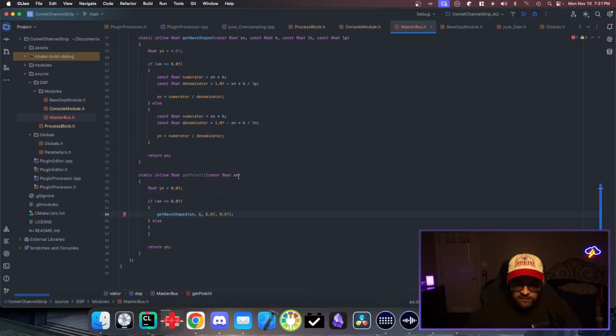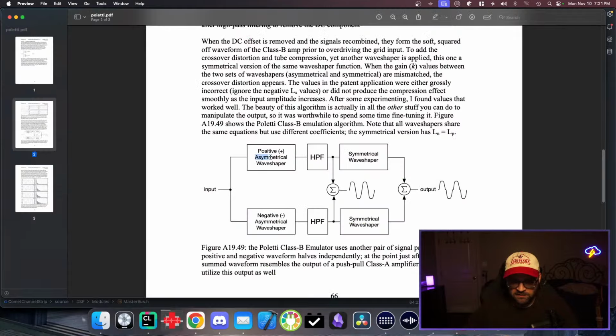I guess let's also pass k. Okay, so we'll say yn is equal to getWaveShaped, this asymmetrical one. Okay, pretty simple. That takes care of this block right here.